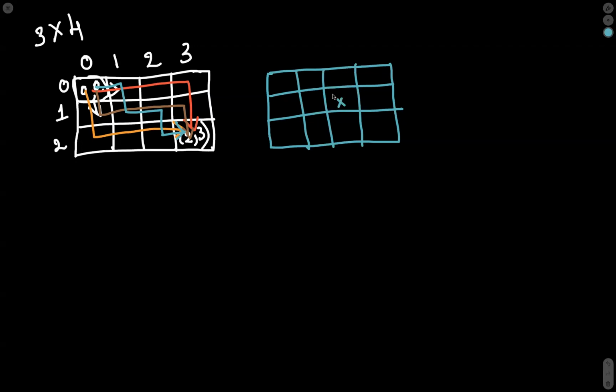If I want to calculate how many paths there are up to this cell starting from 0 comma 0, I can get the count of paths up to this cell and the count of paths up to this other cell. I can consider these as C1 and C2. If I can find the total number of paths to reach this cell and the total number of paths to reach that cell, then the combination of those two would be my answer for reaching this cell.